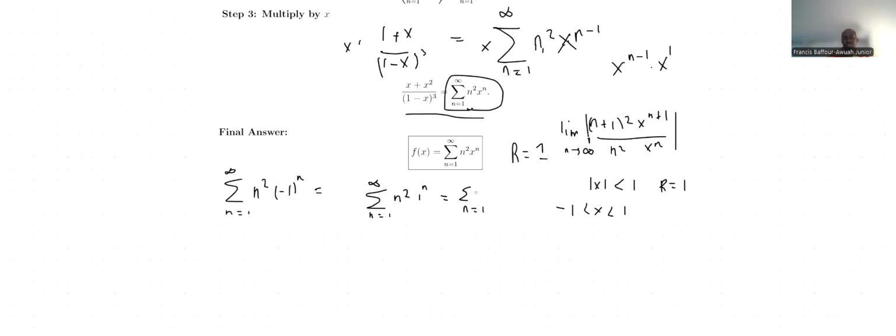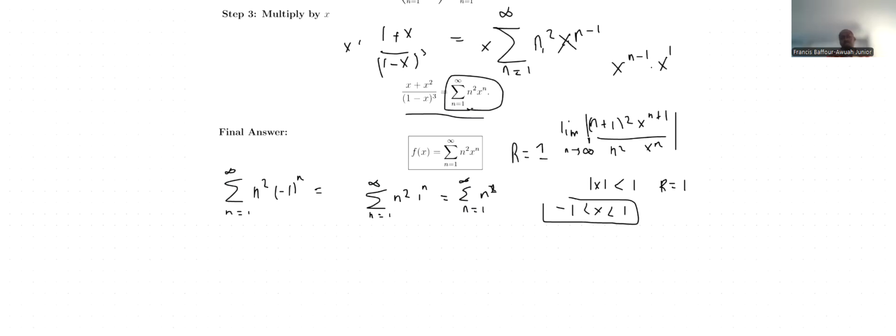And clearly, this will diverge. If you take the limit as n goes to infinity of n squared, this will clearly not go to 0. So this will diverge, and we don't include any of the endpoints. So this will stay as the interval of convergence.